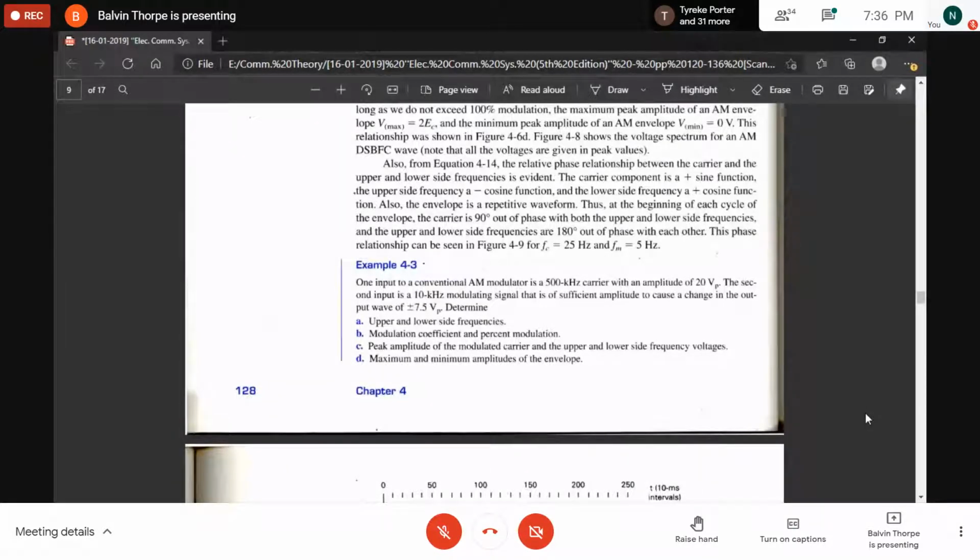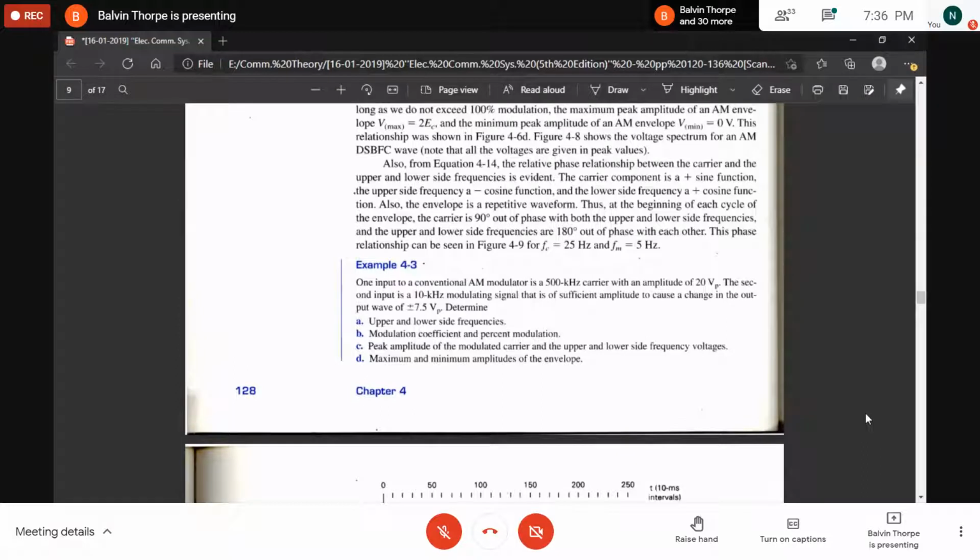Somebody want to read it out and then we see you attempt it. I'll just start reading it. One input to a conventional AM modulator is a 500 kilohertz carrier with an amplitude of 20 volts.